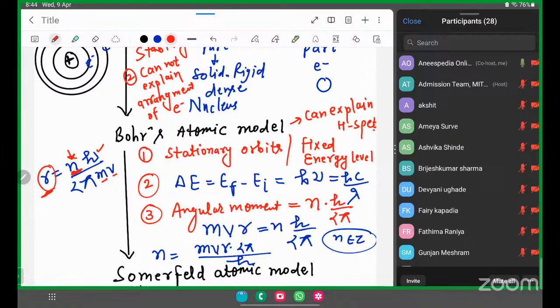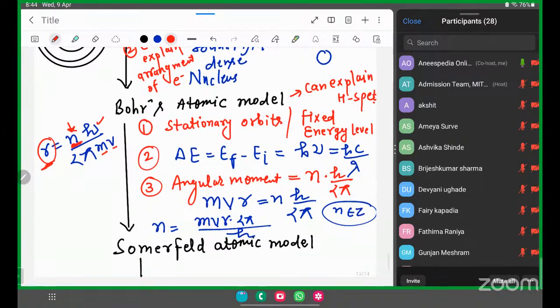But Bohr's atomic model is not capable of explaining why lines in the hydrogen spectrum get split if they are placed in a magnetic field or electric field, which is known as the Zeeman effect and Stark effect.